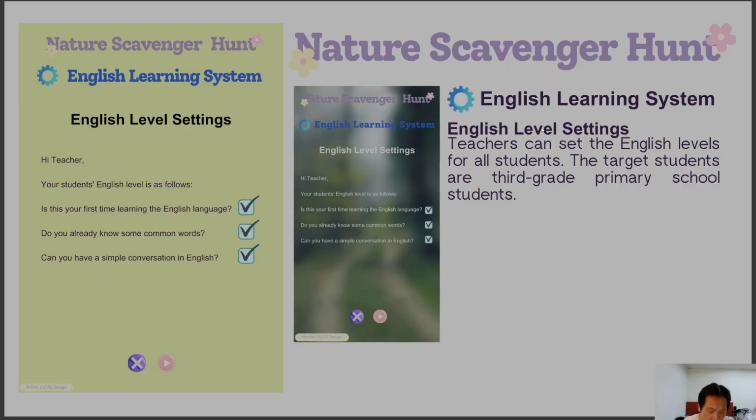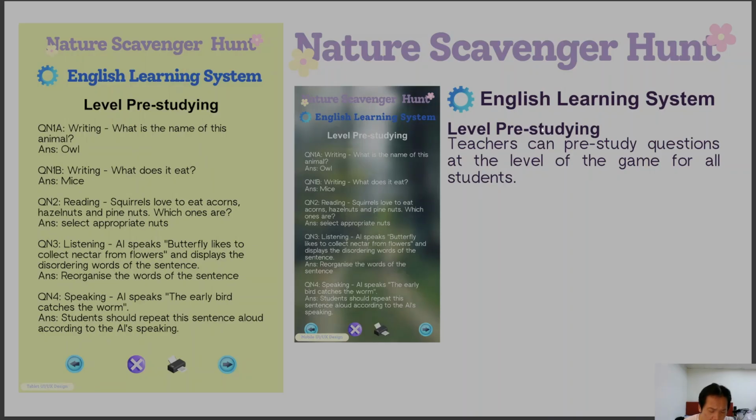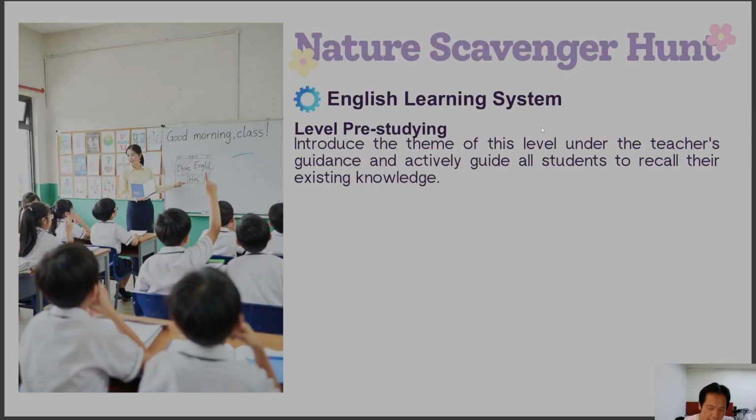Set the English levels for all students through English level settings. Introduce the theme of this level under the teacher's guidance, and guide all students to record their existing knowledge through level pre-studying.